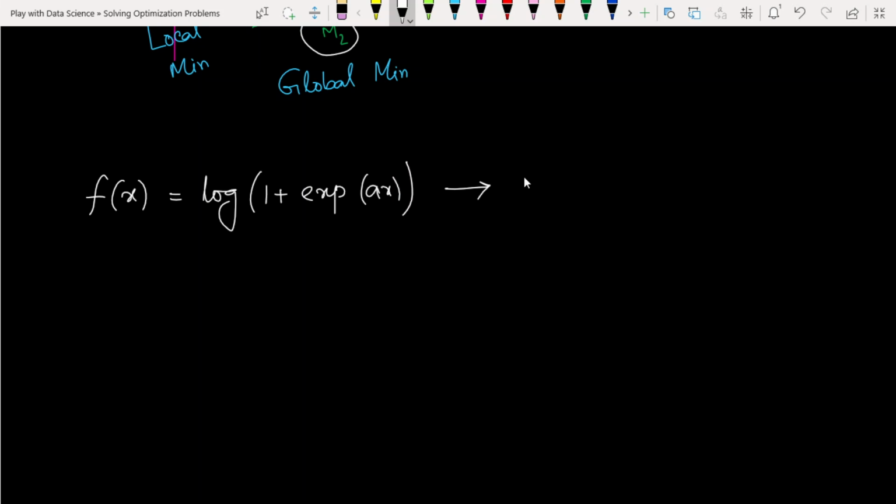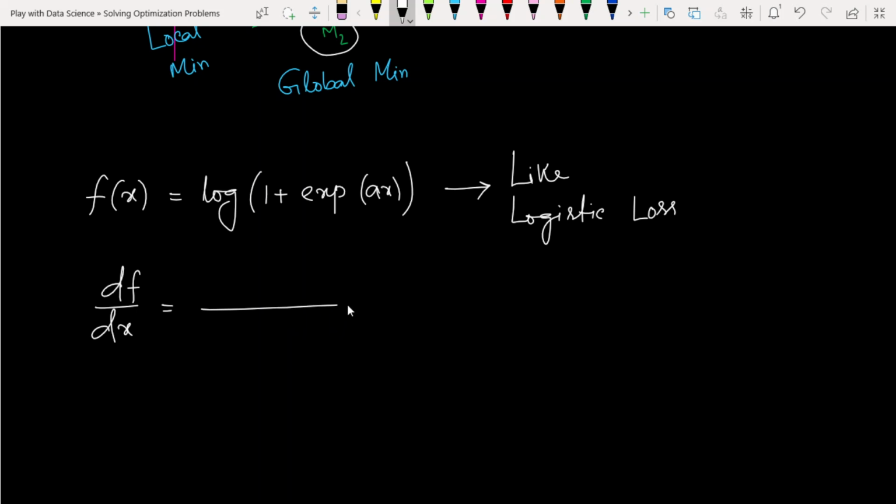Just like the logistic loss, remember, this is our logistic loss function. If we differentiate this function with respect to x, what will be the value? Simply using the chain rule, first the differentiation of ax with respect to x is simply a.